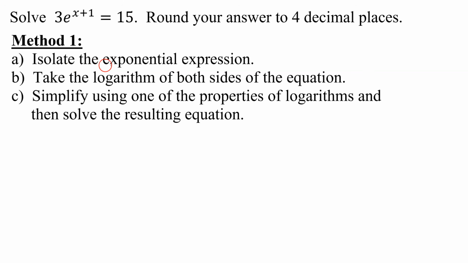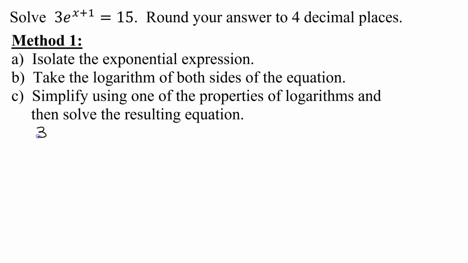Method 1 is when you isolate the exponential expression. Then you take logarithms of both sides of the equation, and then you simplify using one of the properties of logarithms and solve the resulting equation. So if I look at my original equation, is my exponential expression isolated? No, I've got a 3 in the way.